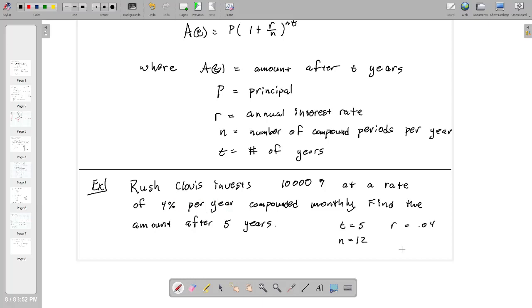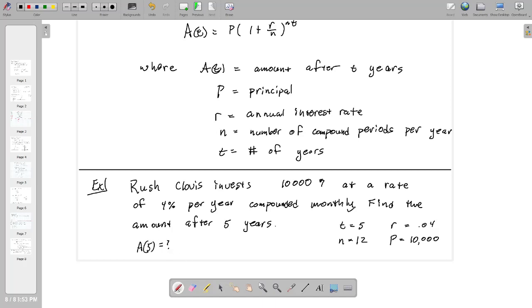So our r is 0.04. And P is the principal, that's the initial amount invested, if you remember from the definition. So our principal in this case is going to be 10,000 credits, because that's how much he invested originally. And we're looking for A of 5.